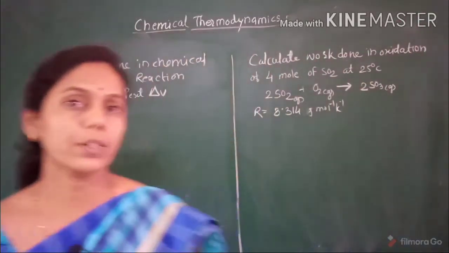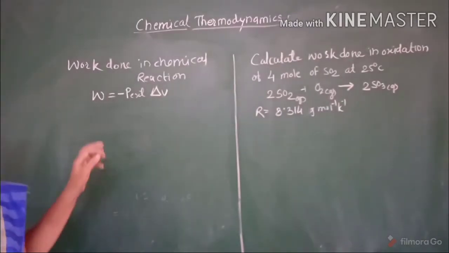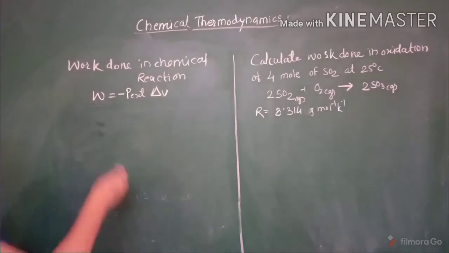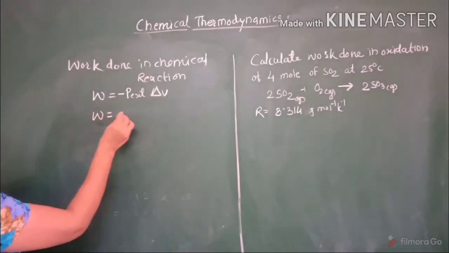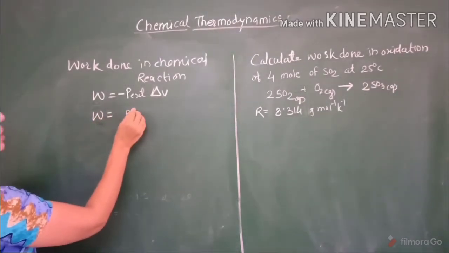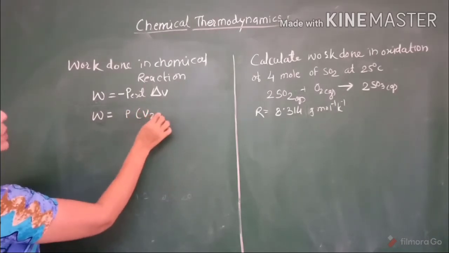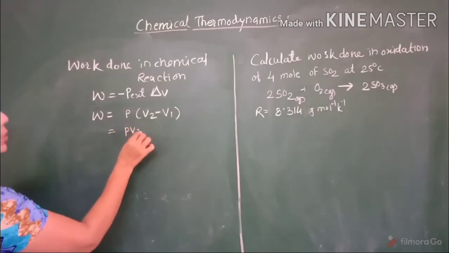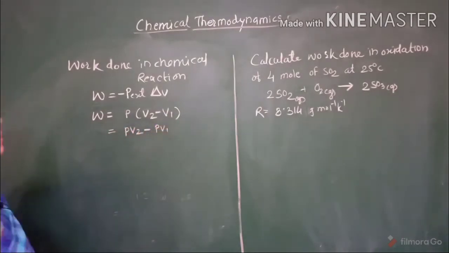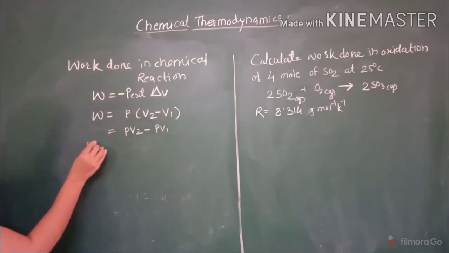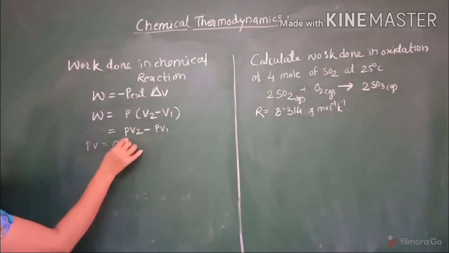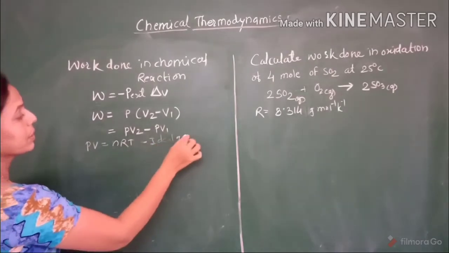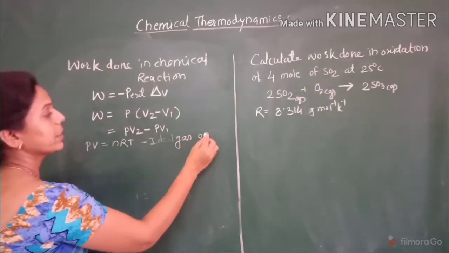Next we discuss the work done in a chemical reaction. We start from the equation W equals minus P external del V. We simplify this. So P del V means P(V2 minus V1), that is PV2 minus PV1. And we know that PV equals nRT, the ideal gas equation.